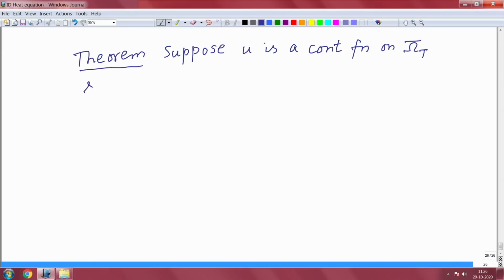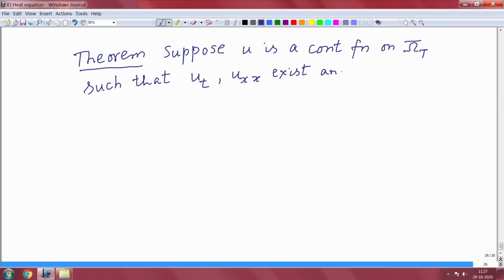Such that, just like the previous theorem, the first derivative with respect to t and the second derivative with respect to x exist and are continuous in omega T. This is the hypothesis.